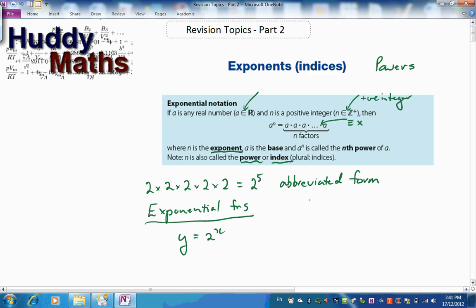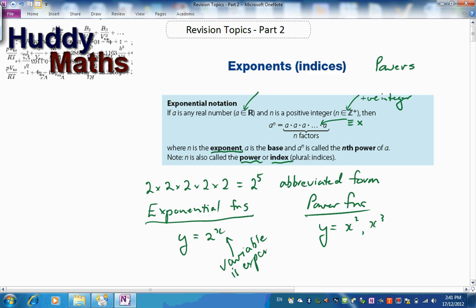And then we will look at also power functions. Something like y equals x to the 2 or x to the 3 or something. So there is a subtle difference. Here with exponential functions later on, the variable is the exponent or the power.